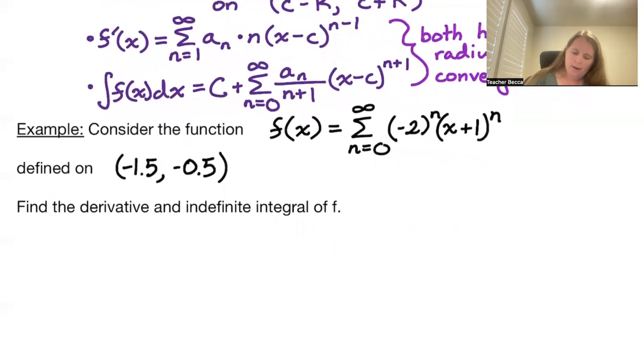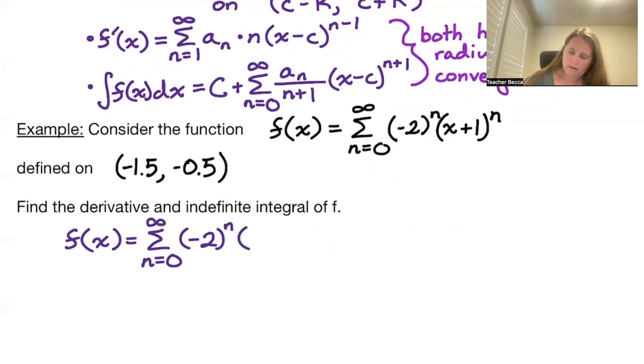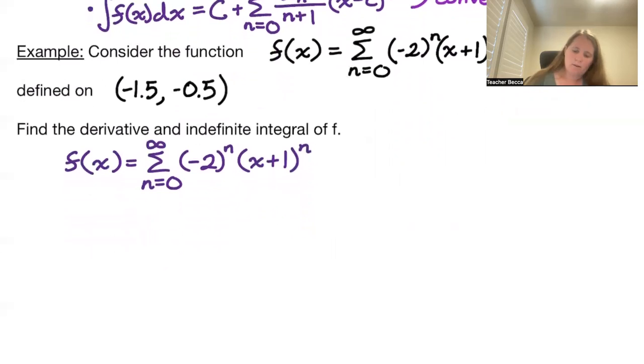So if f of x is equal to the sum from n equals 0 to infinity of -2 to the n times x plus 1 to the n, we have the derivative f prime of x is simply the sum from n equals 1 to infinity, right?